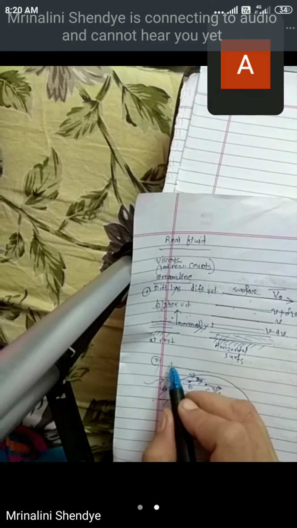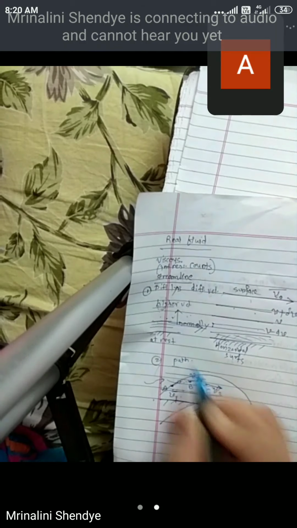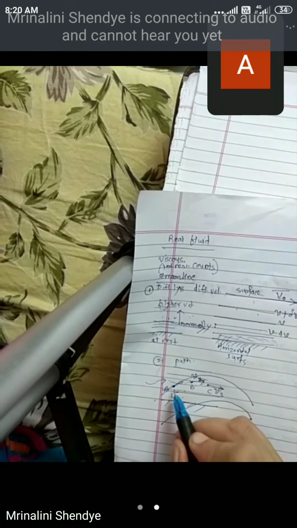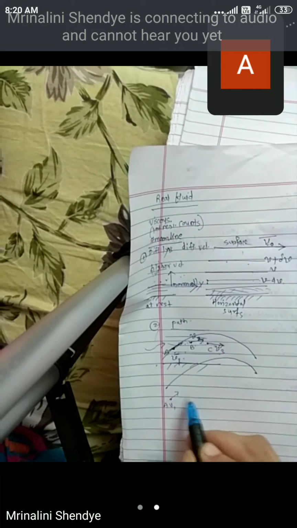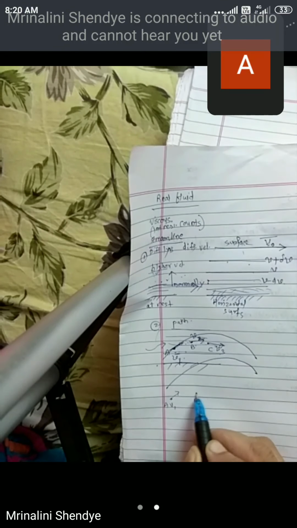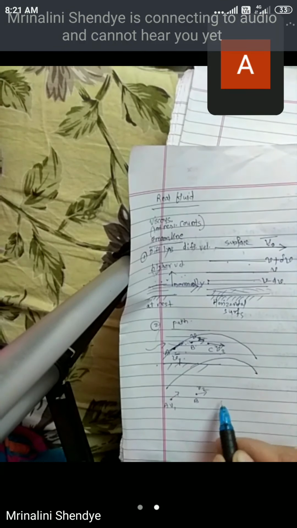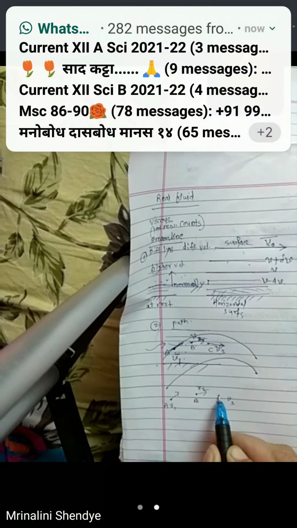And hence, in such case, we are able to draw a path. हम लोग एक पाथ बना सकते हैं. This path should be in the direction of flow. देखो ये A पॉइंट है, उसकी वेलोसिटी v1 है. ये B पॉइंट है, इसकी वेलोसिटी v2. C पॉइंट है, let velocity be v3.